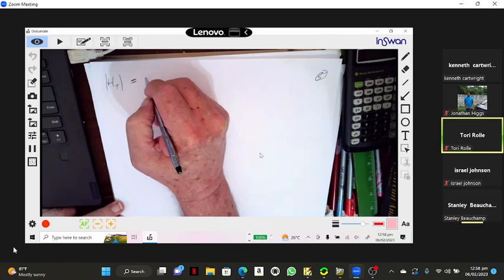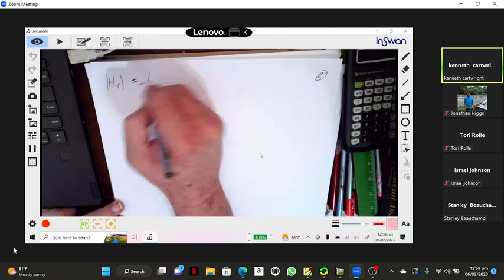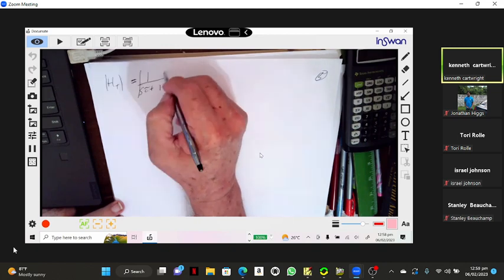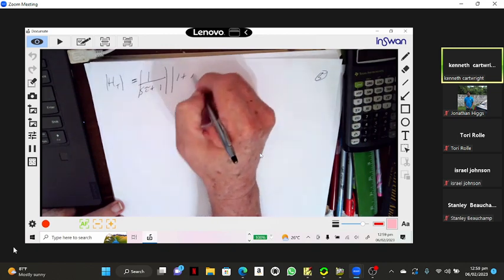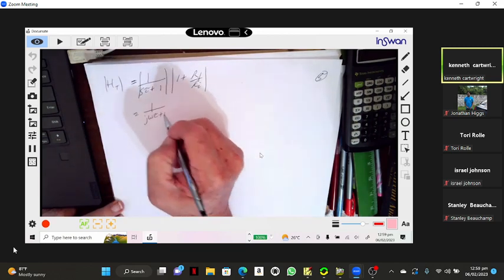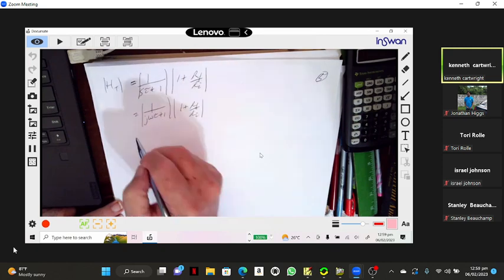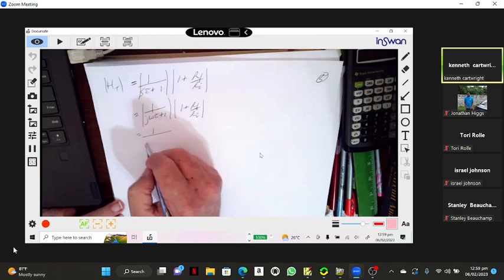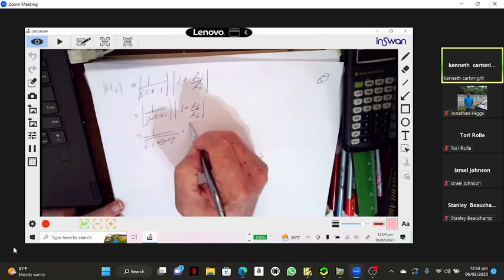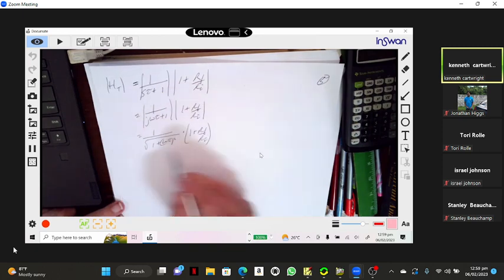Is it 1 over j omega R1C? That would be the magnitude of this. It's the magnitude of this times the magnitude of that. The magnitude of the first one will be 1 over j omega tau plus 1 times 1 plus RF over RI, which is 1 over the square root of 1 squared plus omega tau squared, times 1 plus RF over RI. This is the overall magnitude.